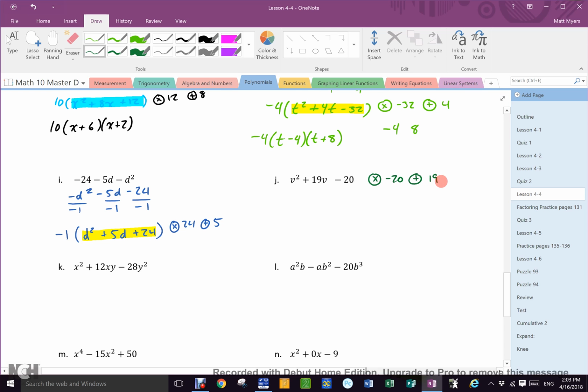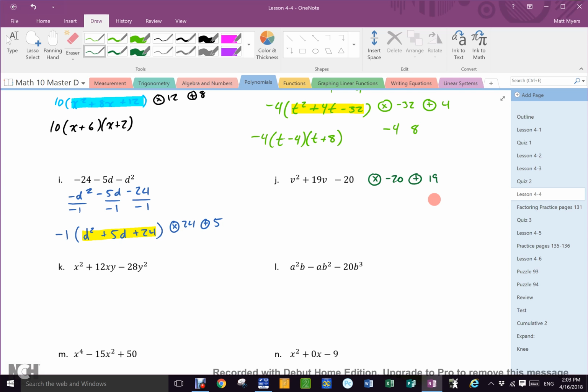What are they? Are they 1 and 20? Yes, 1 and 20 will make 19 if one of them is negative, right? Oh, yeah, -1. So I need 20 and -1. Does everyone agree? Everyone's good?